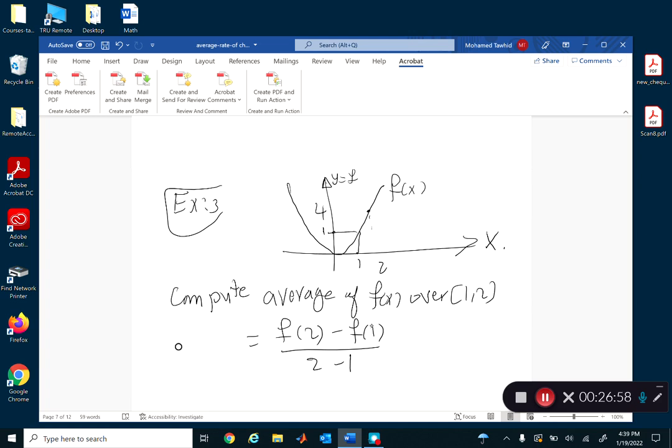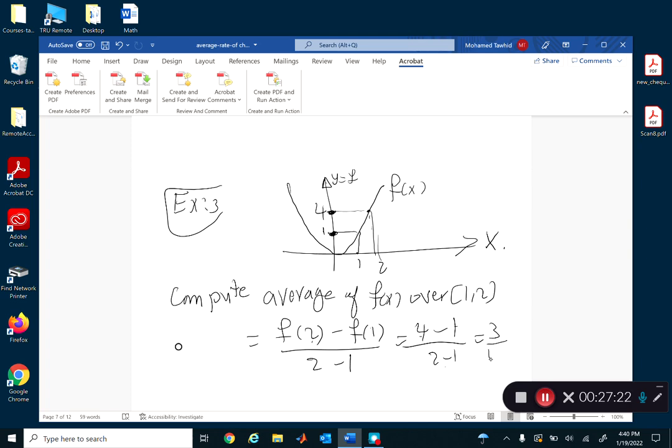F of 1 from the graph is 1. F of 2, I make a vertical line, then the value here will be 4. So f of 2 from the graph is 4. F of 1 is just 1, and here 2 minus 1. So what did you get? You get 3 divided by 1. So that is our average rate of change.